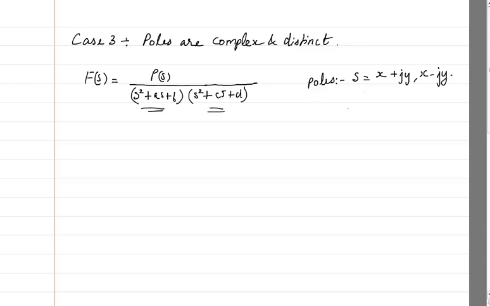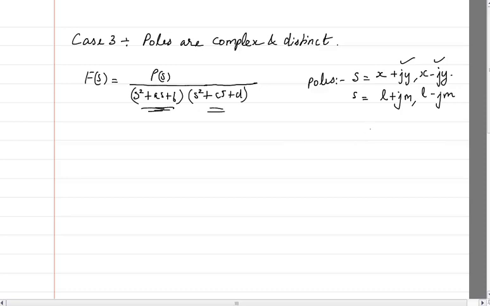Similarly, for the second equation, you will get another set which is, let us say, L plus Jm and L minus Jm. So you will have poles in complex pairs. For each quadratic equation, it will be a complex pair.